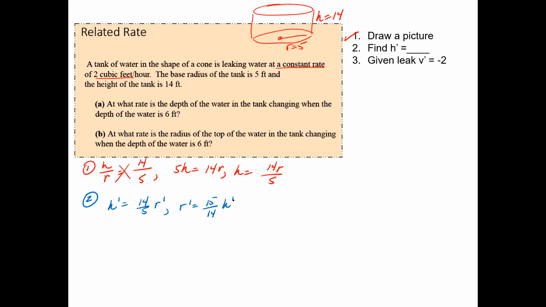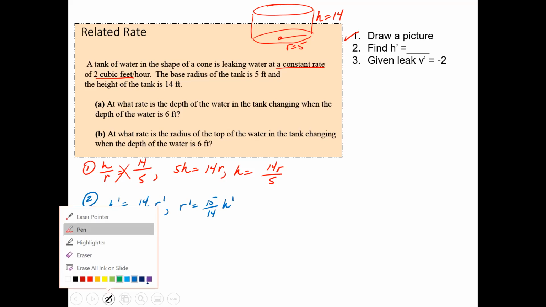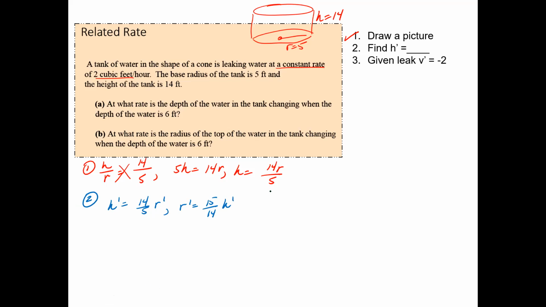And it's also given to you that H prime is going to be equal to negative 98 over 225 pi. So then I'm going to take this part and replace it right here for H prime, which then takes us over to number 3.